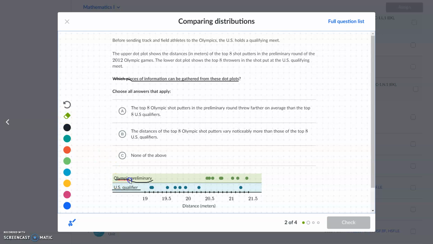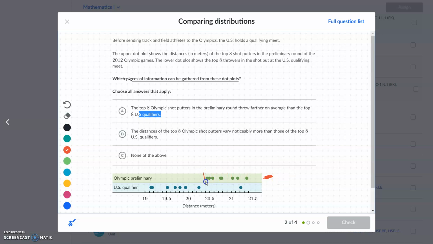Let me erase that because I made a mess. There you go. So choose all the answers that apply. It means it could be two answers, right? The top 8 Olympic shot putters in the preliminary round, that's the first one, threw farther on average than the top 8 US qualifiers. So, is the preliminary round on average farther, higher than the US qualifiers?